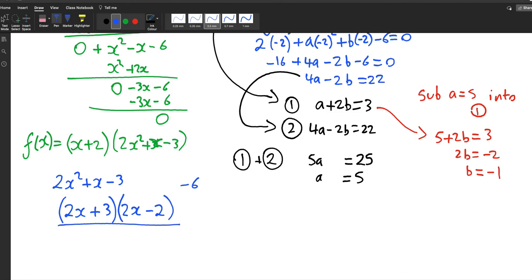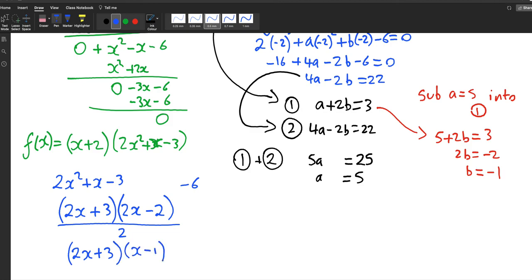Then we divide it all by 2. Again, I'll attach the link for my other video. And then we can see that the right-hand side can be divided both by 2, both numbers. So that leaves me with 2x plus 3 multiplied by x minus 1.